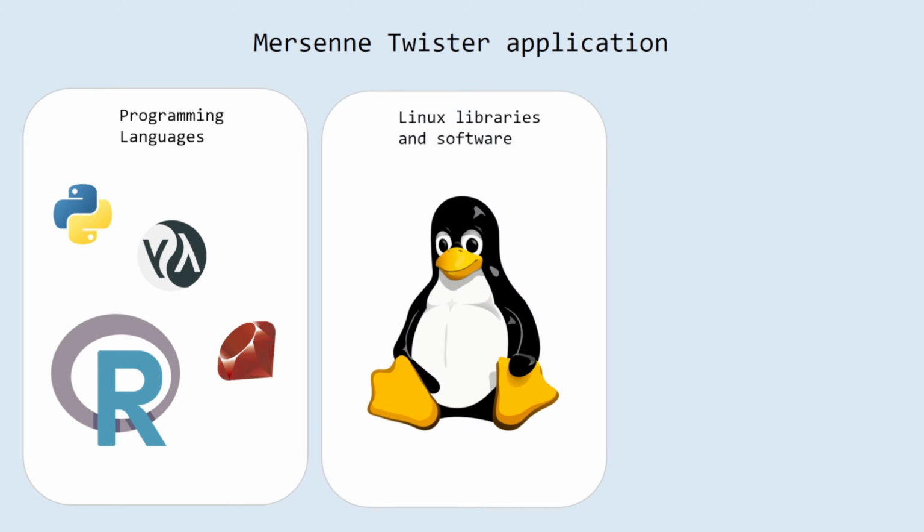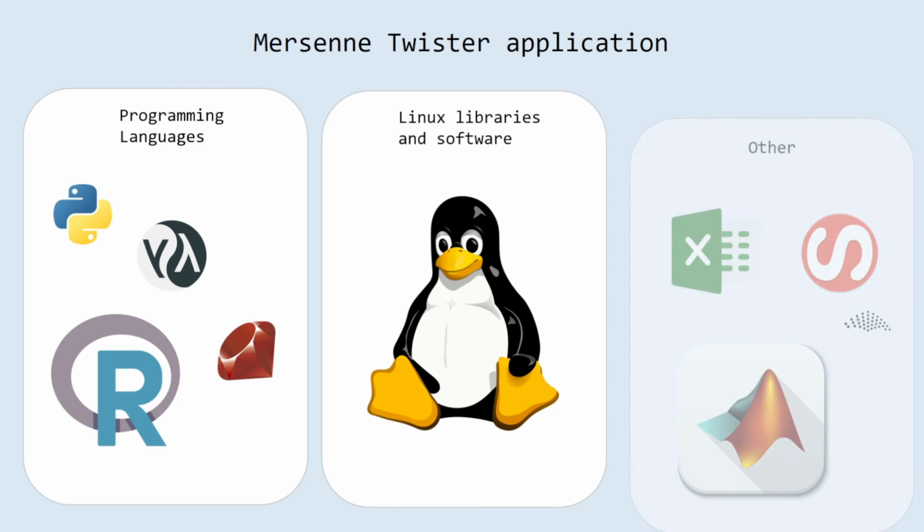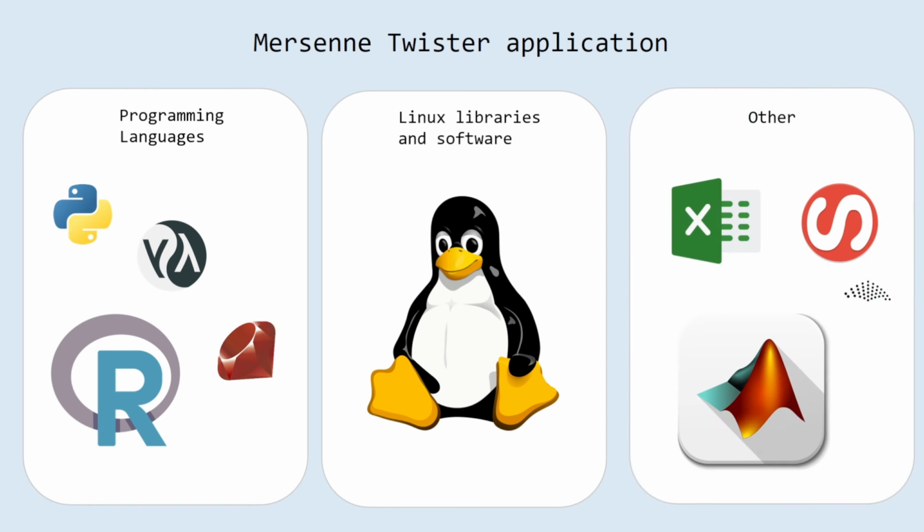Linux libraries and software, glib, GNU Multiple Precision Arithmetic Library, GNU Octave, GNU Scientific Library. Other, Microsoft Excel, Gauss, Gretl, Stata, SageMath, Scilab, Maple, MATLAB. It is also available in Apache Commons, in the standard C++ library, and in Mathematica.